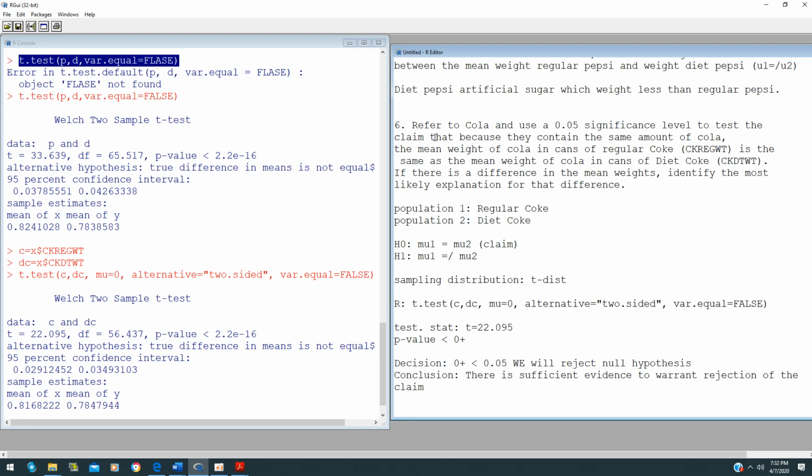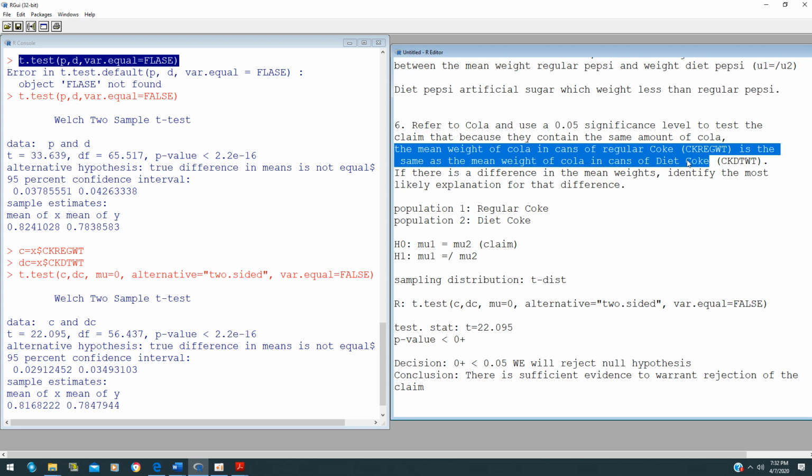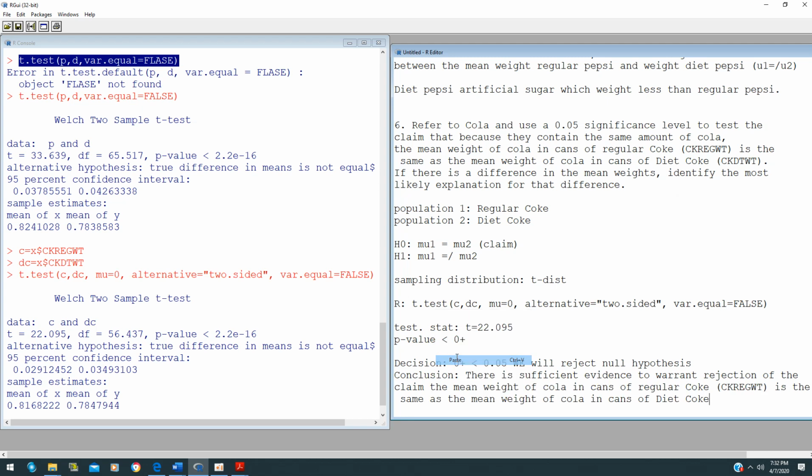We claim that the mean weight of Coca-Cola in the regular is the same as the one for the diet. So this is the claim statement in this case, and we're going to copy and paste that. So this is the conclusion that we will make in this case.